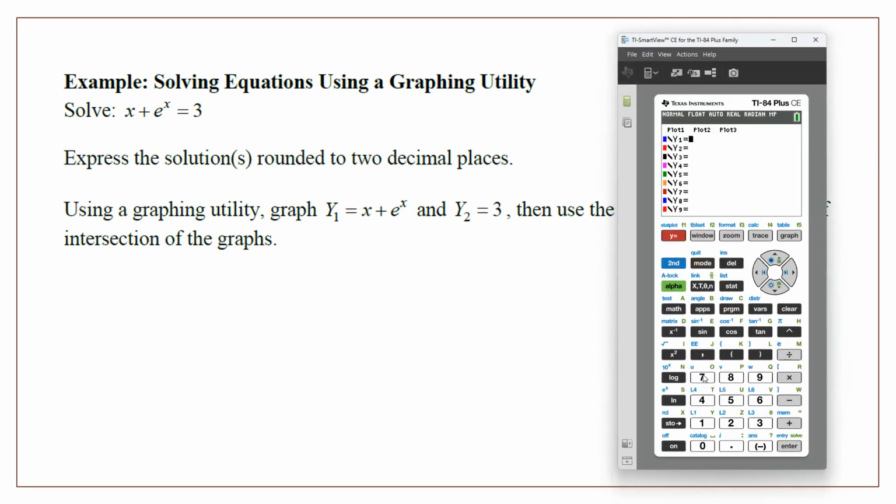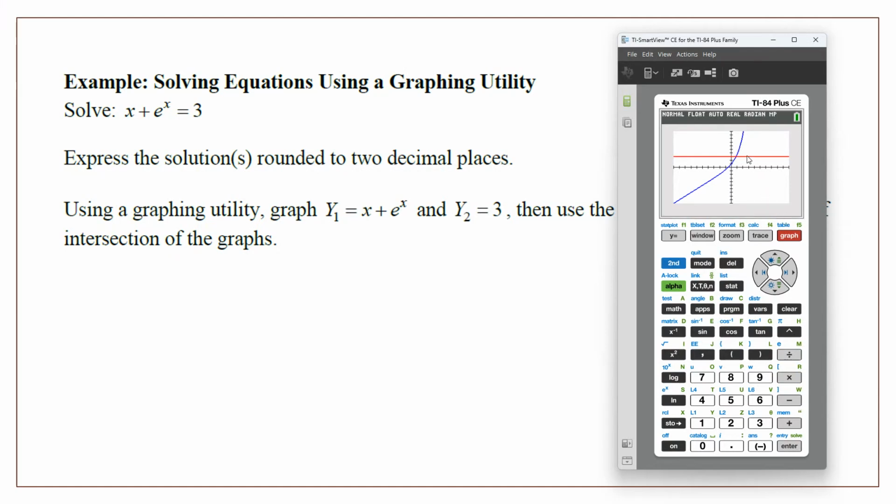In y1, we're going to enter in the left side, so that would be x plus e to the x. On the right side, we'll enter that into y2, which is just 3. Enter. And so now let's graph both of these.